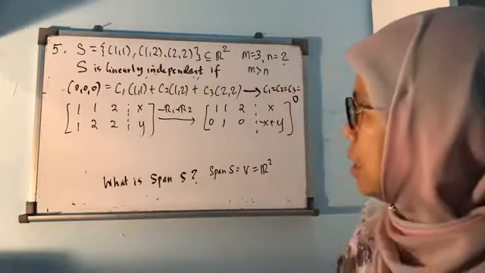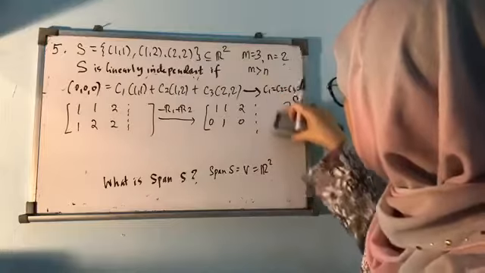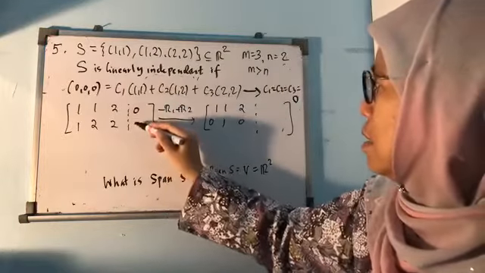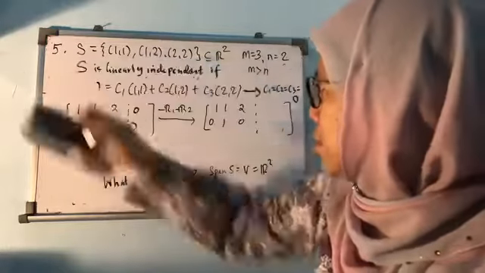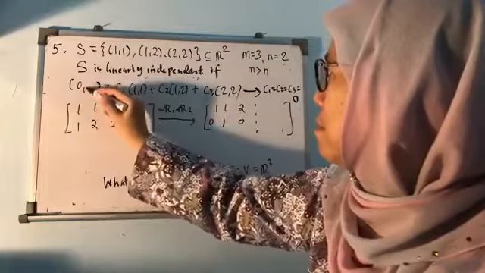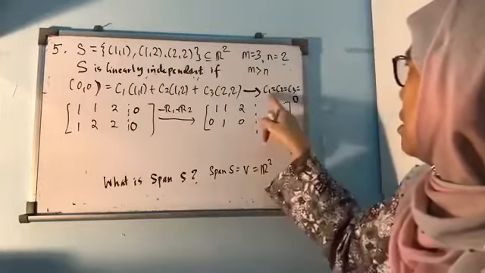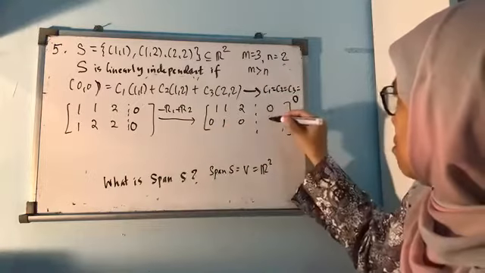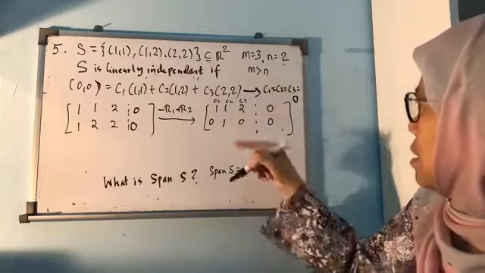Okay? And when you put this, sorry, 0, 0, yeah? Because it's R2, okay? So, you will get this. What does this give?